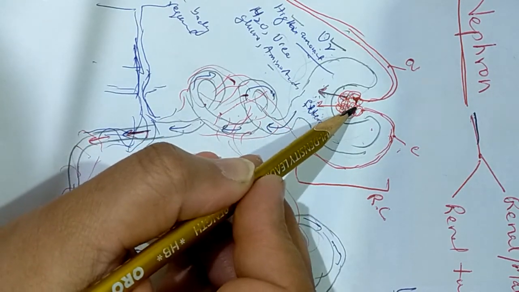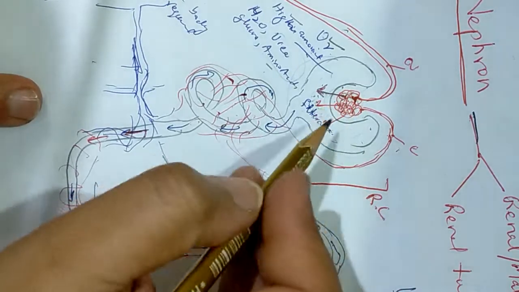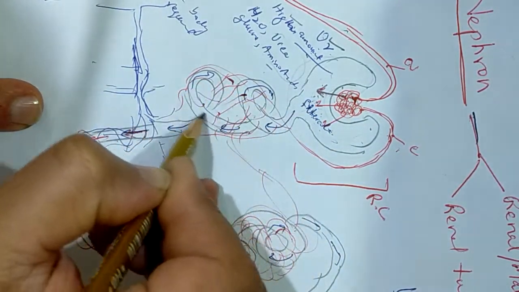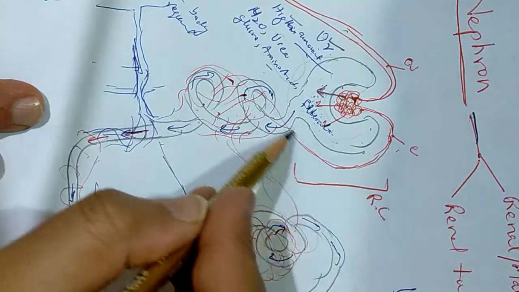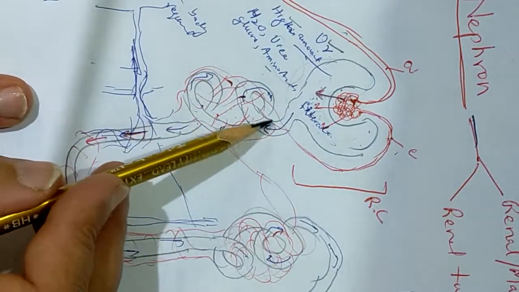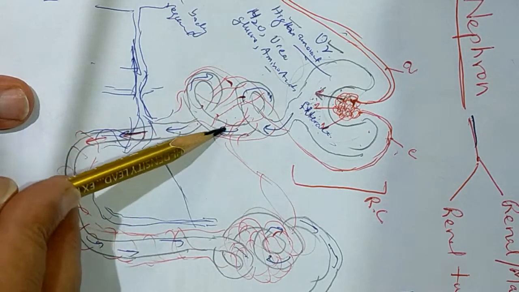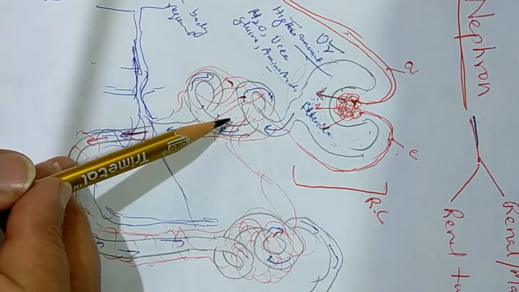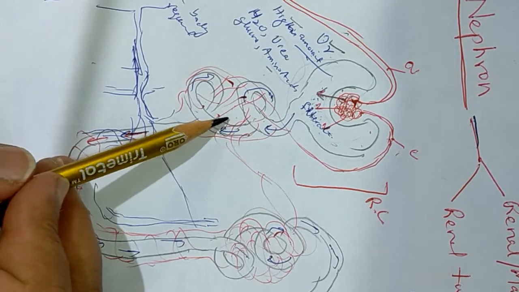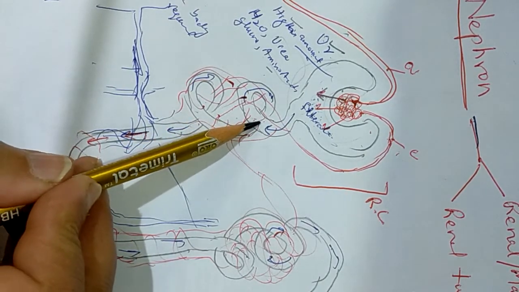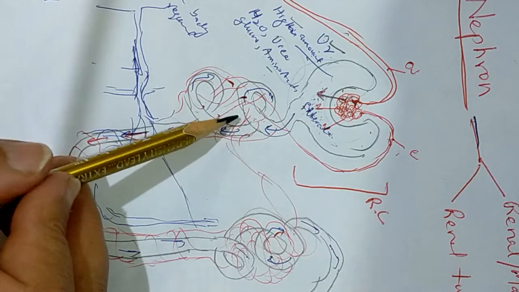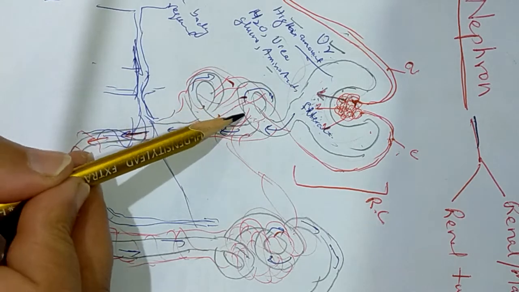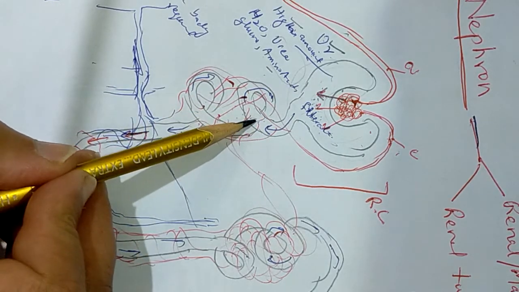As this filtrate moves down and down into this renal tubule, here you can see a network of capillaries covering this tubule. This network of capillaries absorbs all the useful material according to the body requirement. For example, if the body needs more water, all extra water will be absorbed by these capillaries.